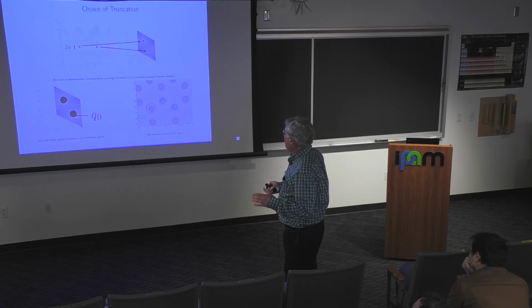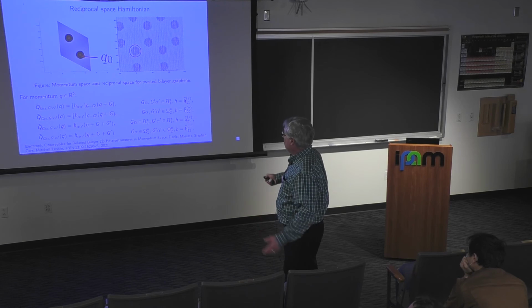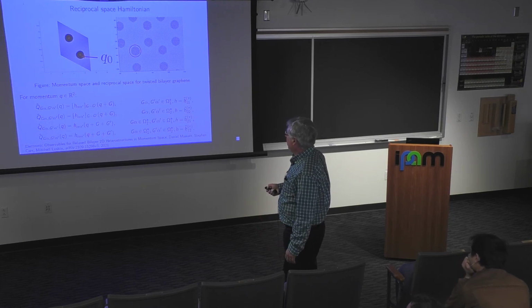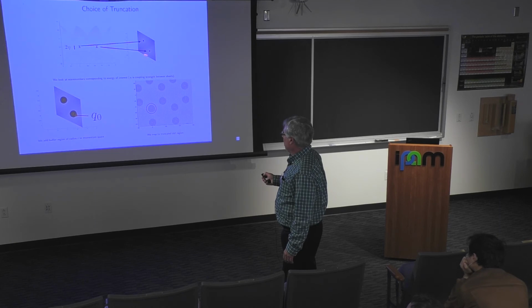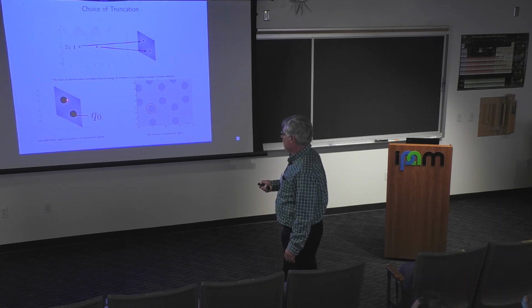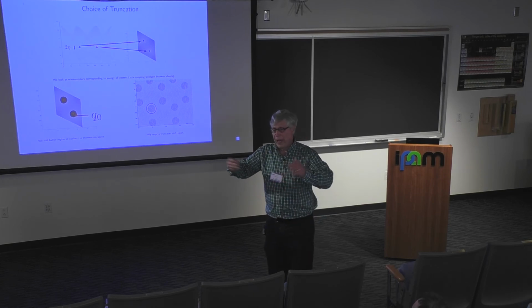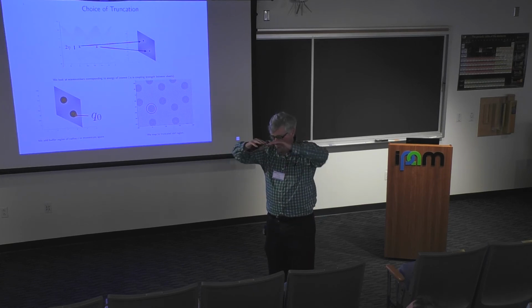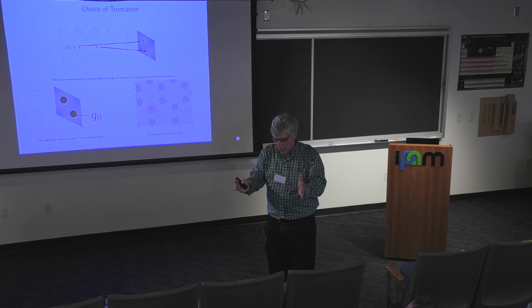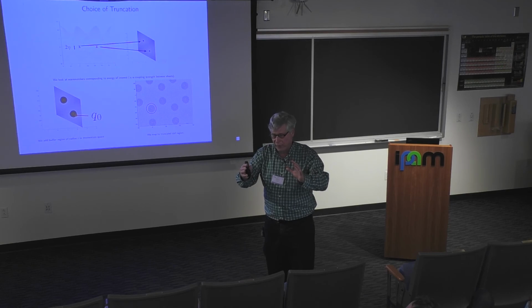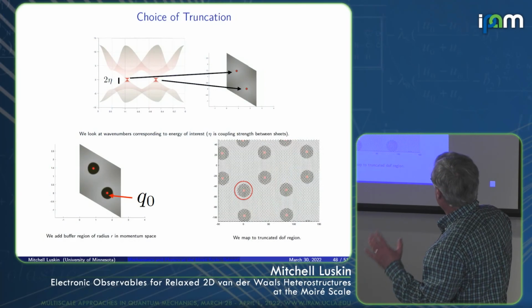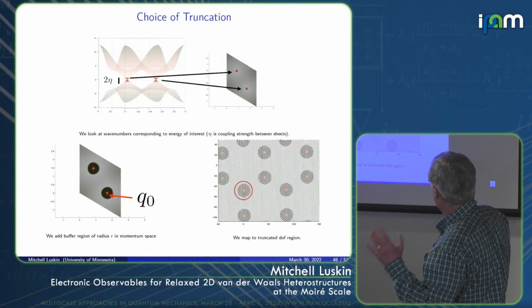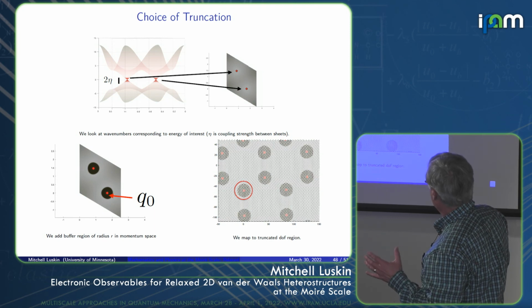Now I'm going back, just reviewing the method a little bit. There are 2 parameters that come into this. You take red as your layer of interest, then you want to make some region in momentum space of size R, just to give yourself a buffer. That translates into a region of size R theta in reciprocal lattice space.